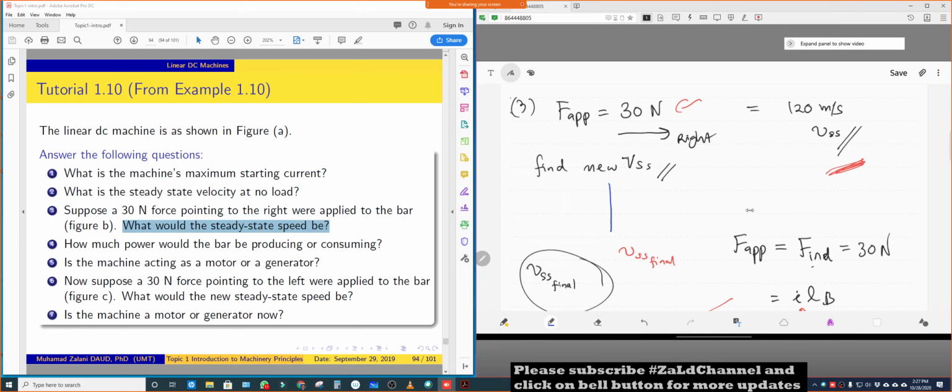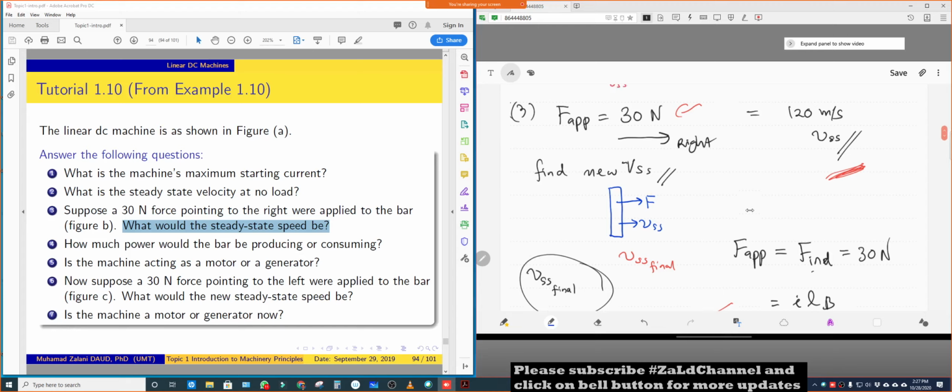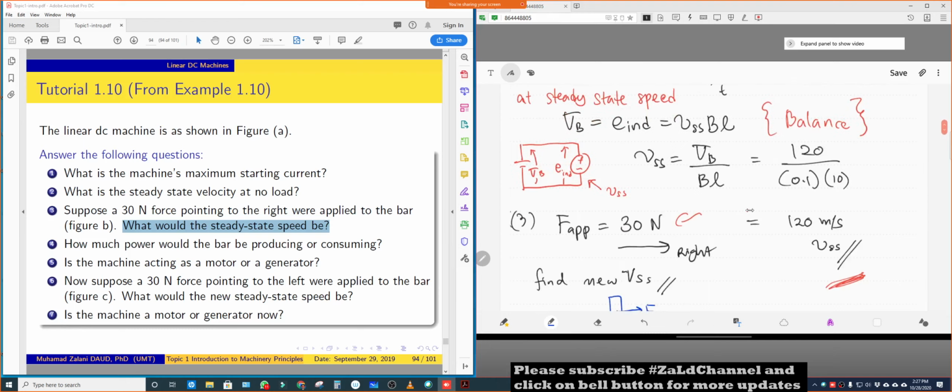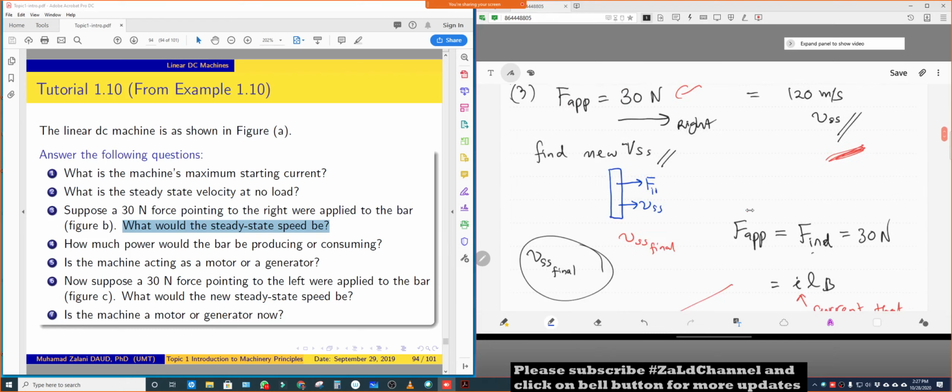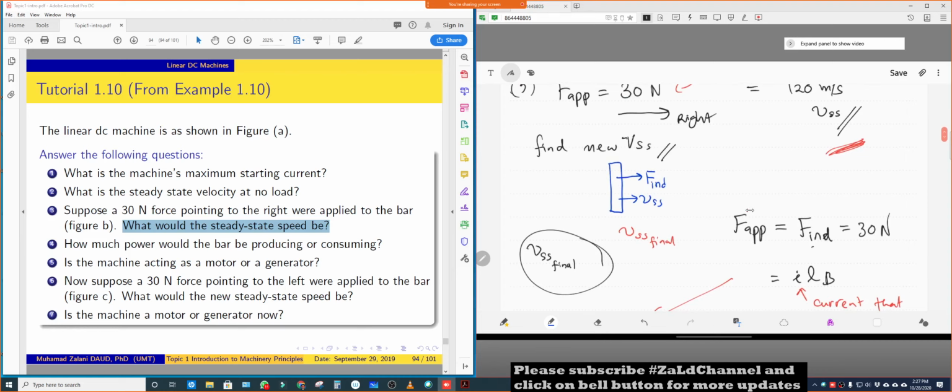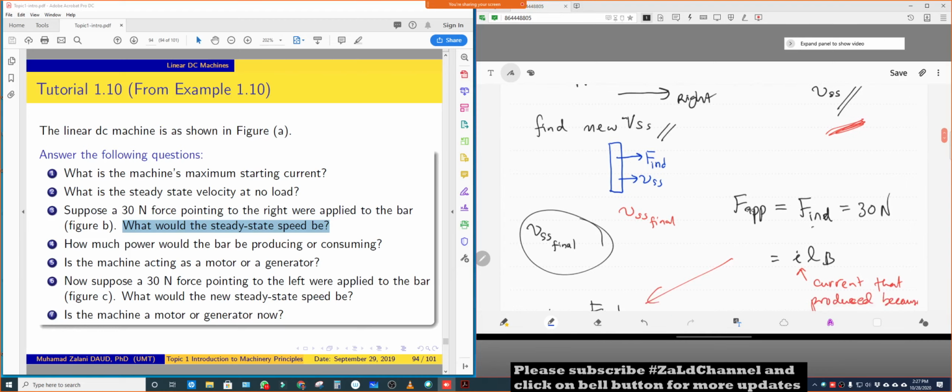From the previous question, it is moving at the speed of VSS, and also it has force induced in it, because the current is flowing in the bar, and then it achieves the steady state speed, right? It achieves the steady state speed.